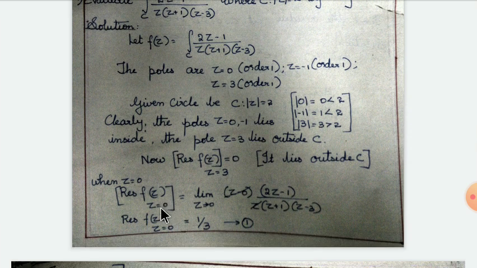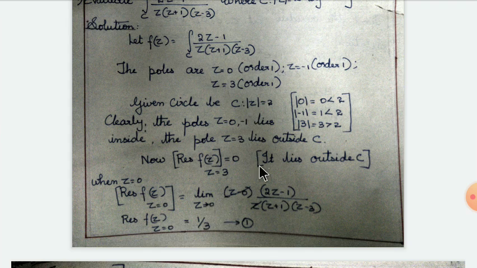Residue of f of z at z equal to 0 is equal to the limit z tends to 0 of (z minus 0) into f of z. z gets cancelled. Substitute z equal to 0 in the rest of the part. We get minus 1 in the numerator. Here 1 into minus 3 is minus 3. So minus 1 by minus 3 is plus 1 by 3. So this is the residue of f of z at the first pole z equal to 0.